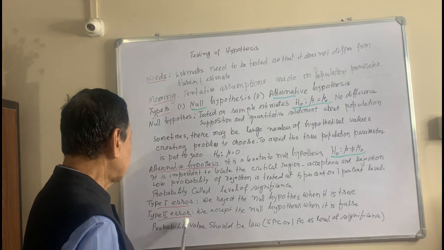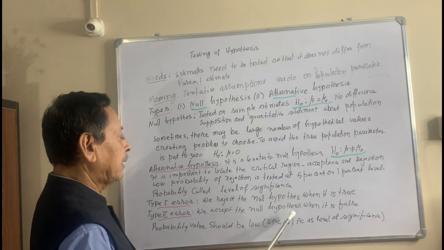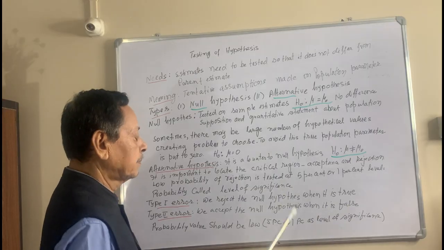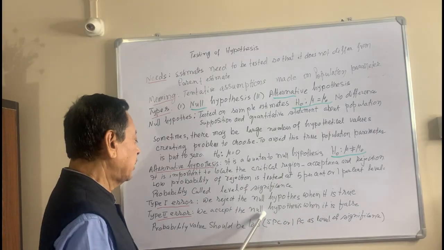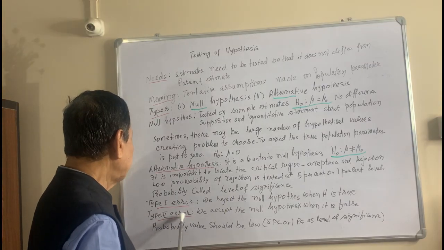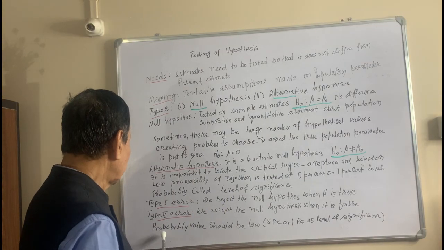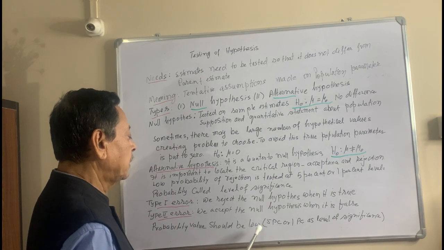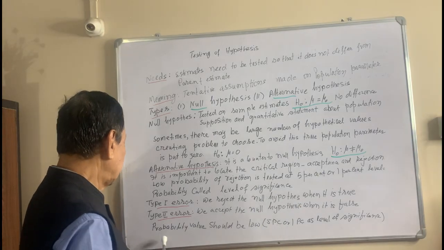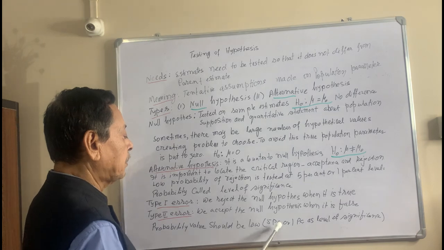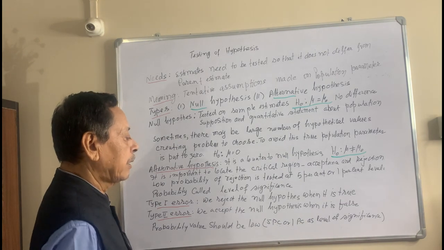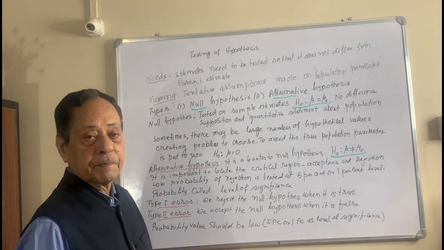Then type 2 error: we accept the null hypothesis when it is false. So when it is false, we accept it. This type of error is the type 2 error. The probability value should be low. As I said, the probability of rejection should be low, at the 5% or 1% level of significance.